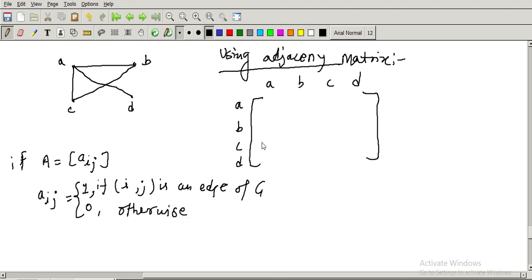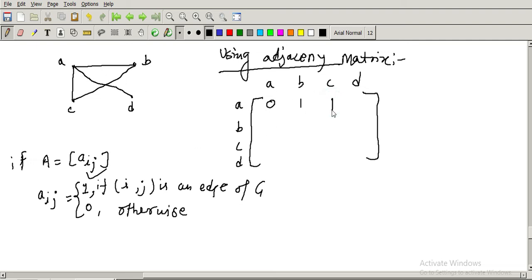Simple. For example, is there an edge from A to A? No, so it will be 0. Is there an edge from A to B? Yes, so we will write 1 because of this definition. Is there an edge from A to C?